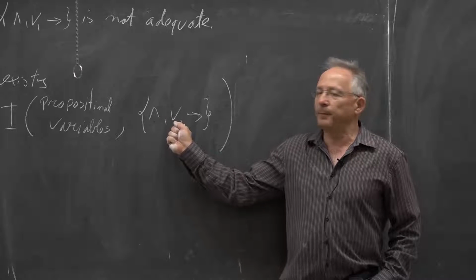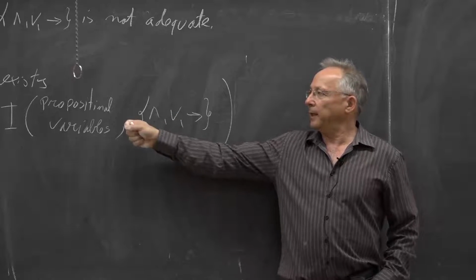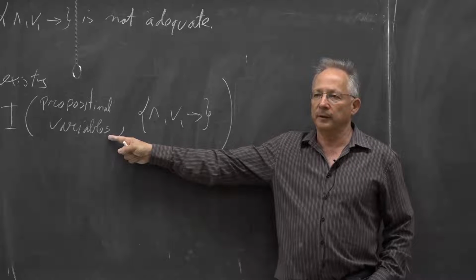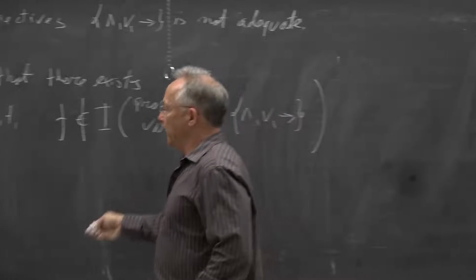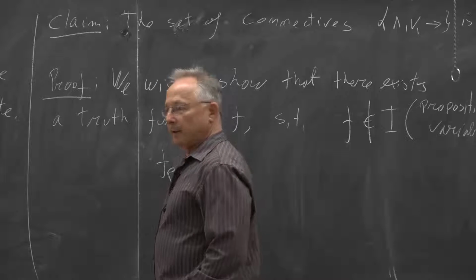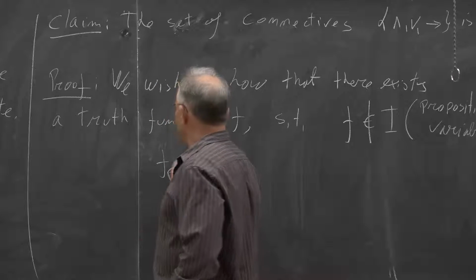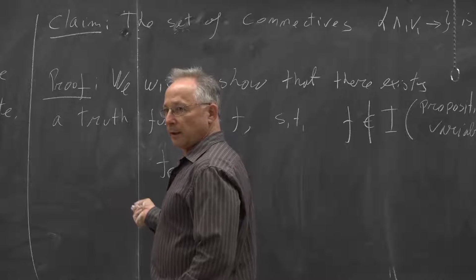What I mean by this is the set of all functions that you can get. The propositional variables, you can look at them as the identity function. The propositional variable has a function f of p that has only one variable p, and it's the identity.